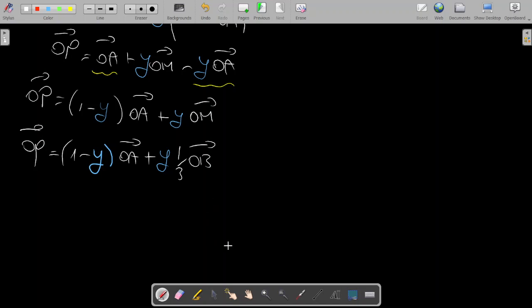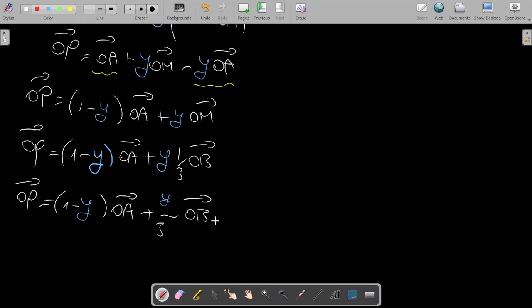Now we're going to try to make this equation a little bit organized by saying that OP is actually equal to 1 minus Y multiplied on the OA vector plus Y over 3 OB vector. Now this is your equation number 4.